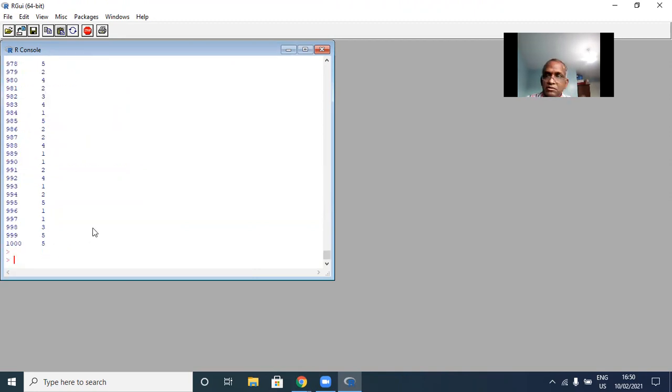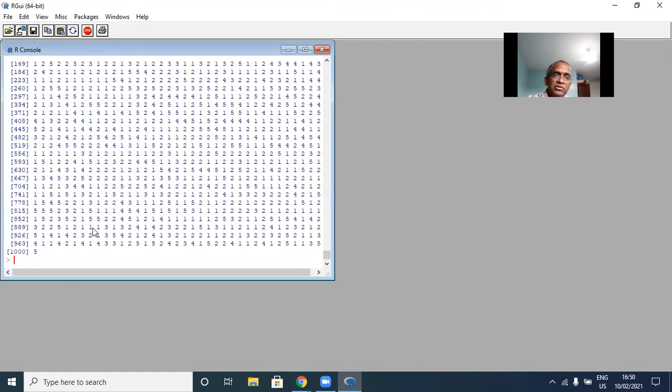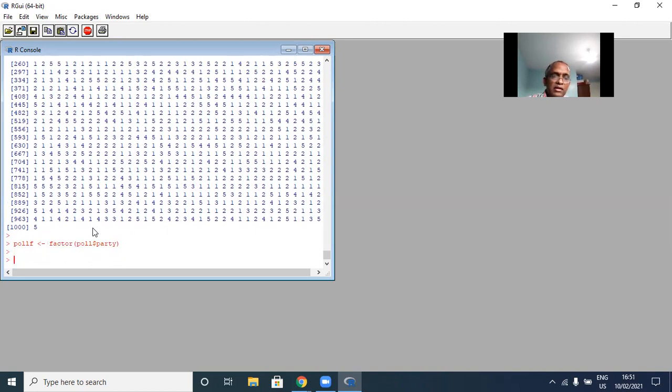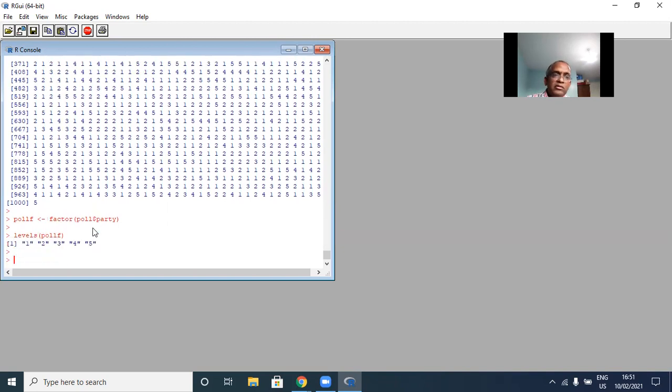Now, the purpose of this exercise is to convert the numbers into actual names, right? So what you need to do is the following. You need to convert the data into a factor first. So use the factor command first, right? And then you will look at the levels of the factor, which are, at the moment, the numbers 1 to 5.